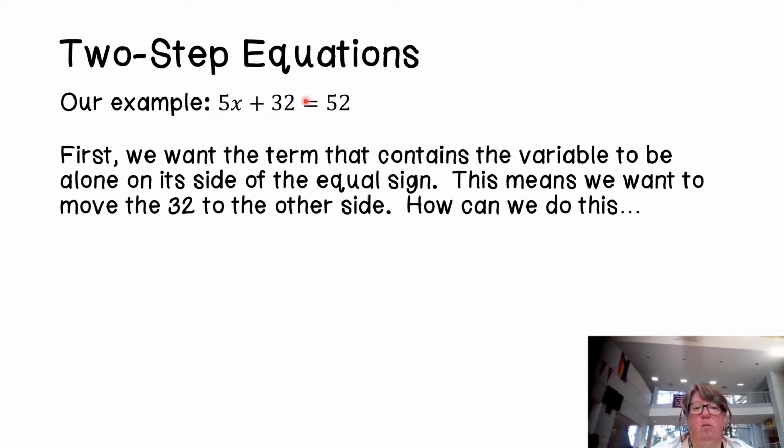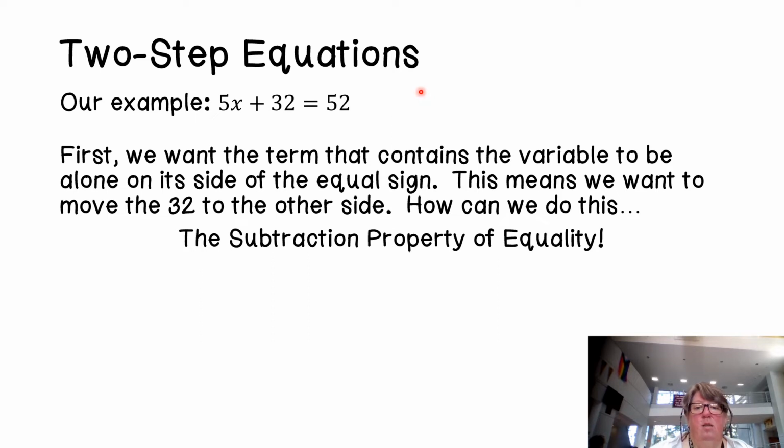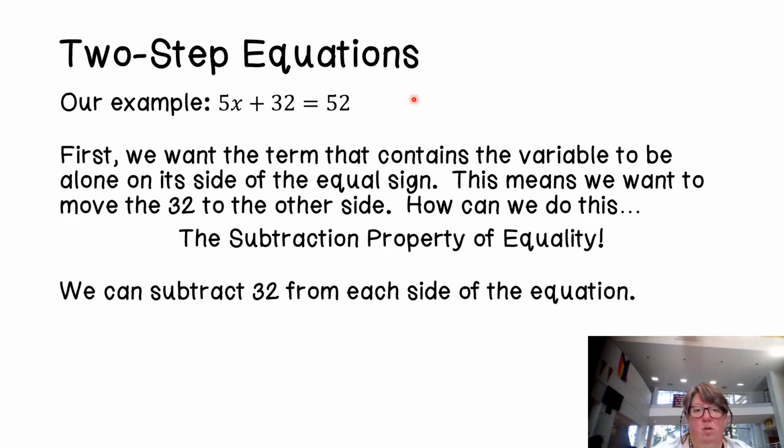That means we want to move this 32 out. We want to turn it into a 0 or move it to the other side. How can we turn this plus 32 into a 0? The subtraction property of equality. So we are going to subtract 32 from each side of the equation.